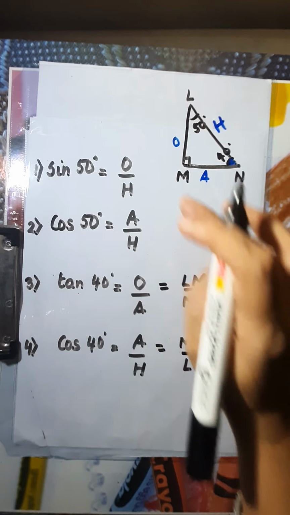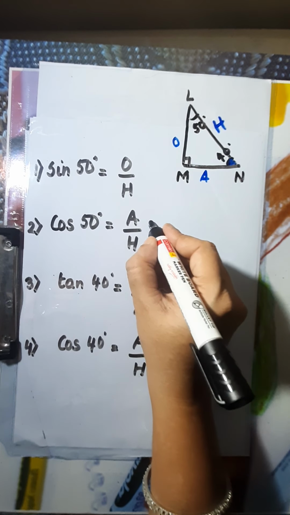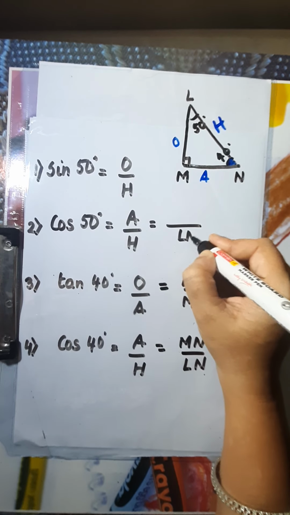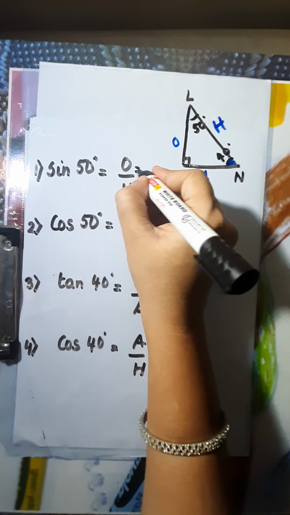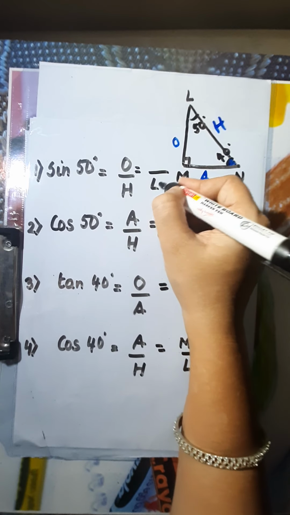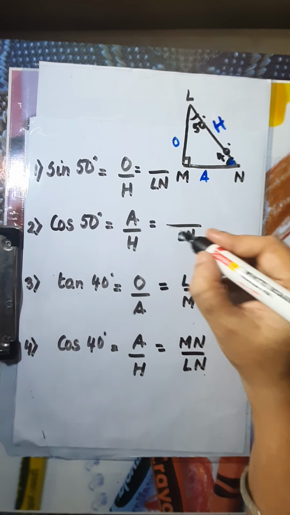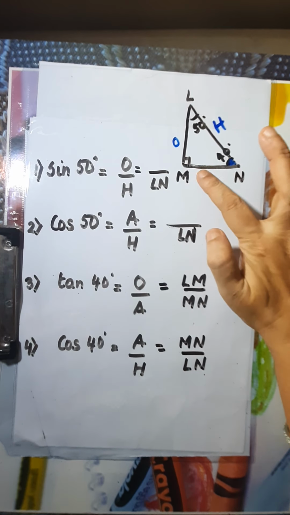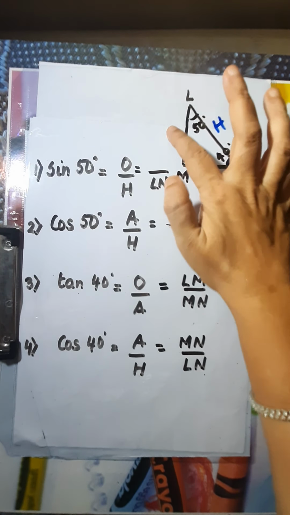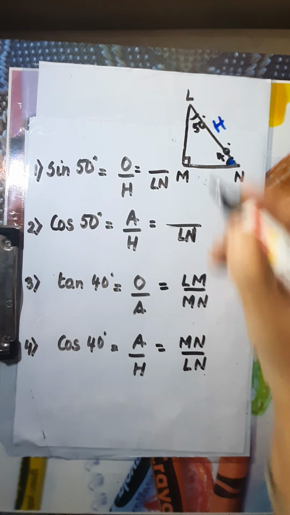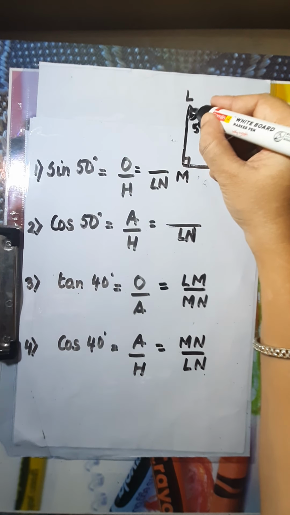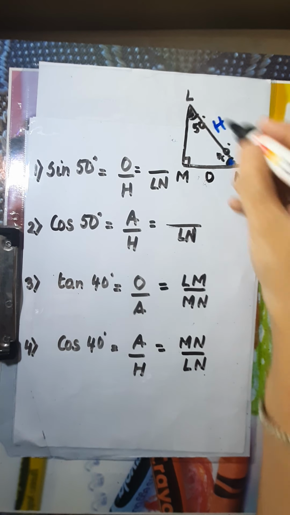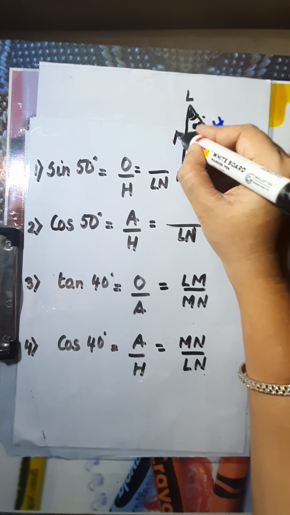Now, you want to be still smart, we can straight away put down the hypotenuse. What is my hypotenuse? LN. This does not change. And here also this is my hypotenuse, LN. You don't want to write it, you can write it later. But first you decide which is my 50-degree angle. For this angle, MN is my opposite side, and LM is my adjacent side.